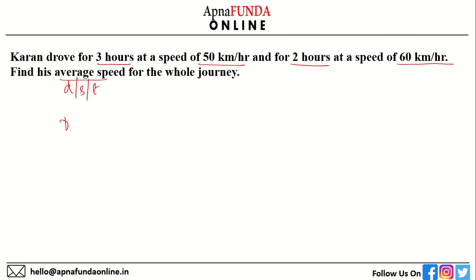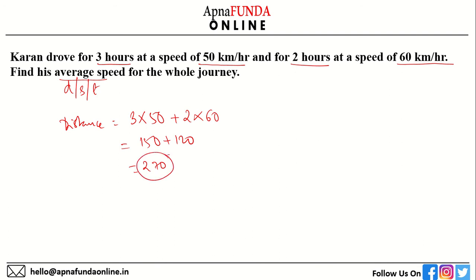So, can I say my distance is equal to the first 3 hours at the rate of 50 km per hour plus the next 2 hours at the rate of 60 km per hour? This is the distance that he drove. So 150 plus 120, my distance is 270. Now I have distance, speed, and time.